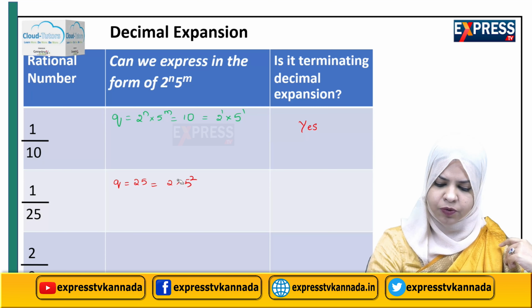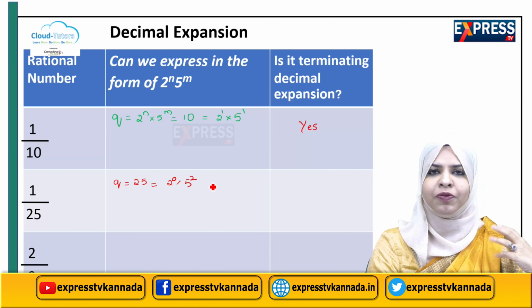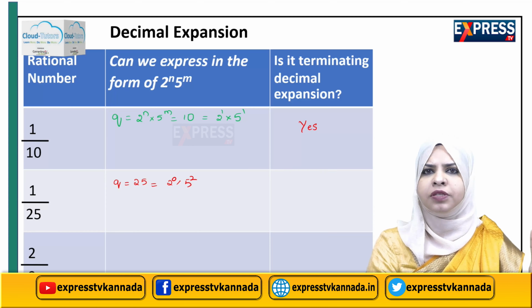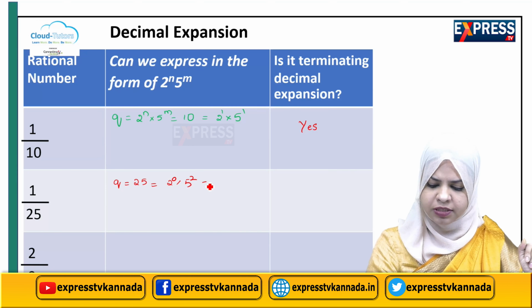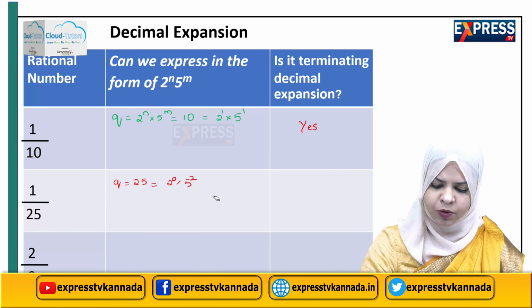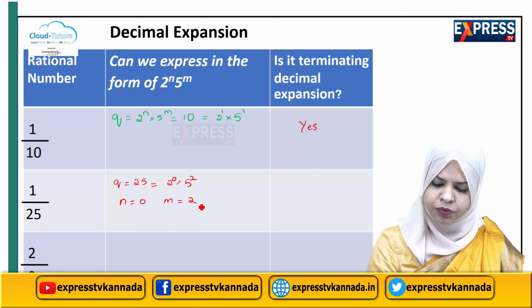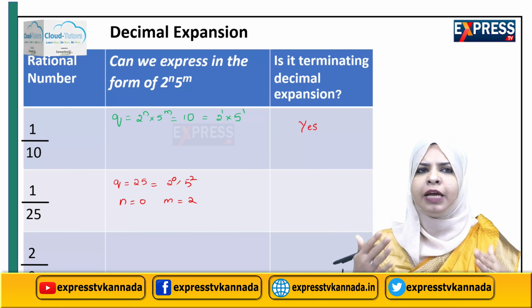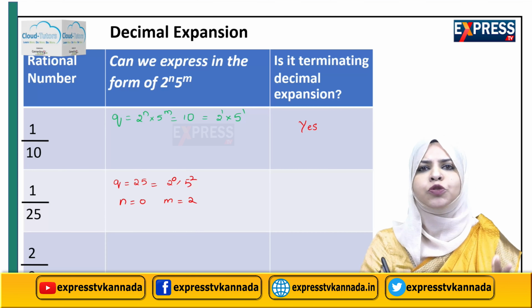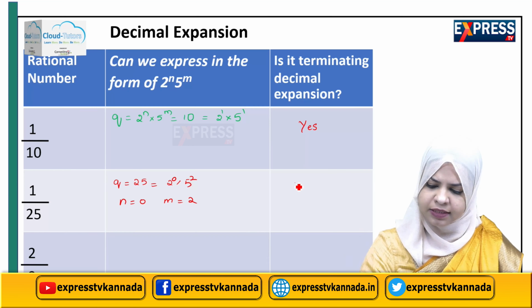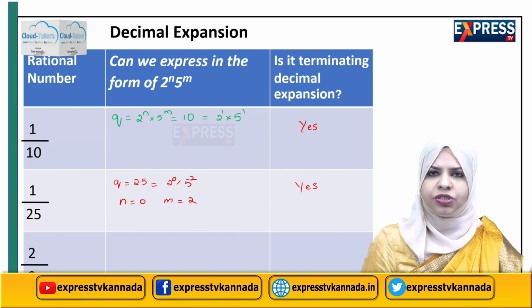And 2 power 1 or 0? It has to be 0 because we do not have any factor of 2. So here my n is equal to 0 and m is equal to 2. Again, I was able to express this in terms of 2 power n into 5 power m. Definitely it is a terminating decimal expansion.